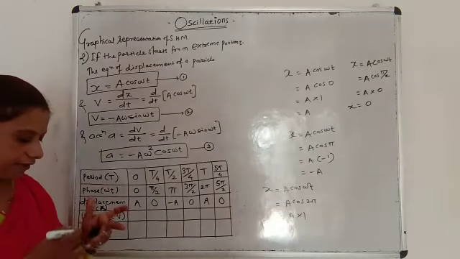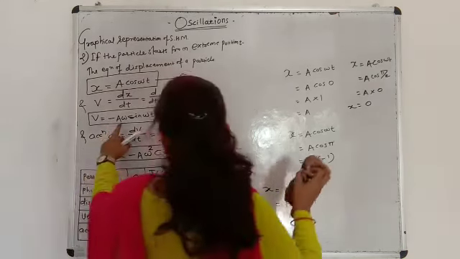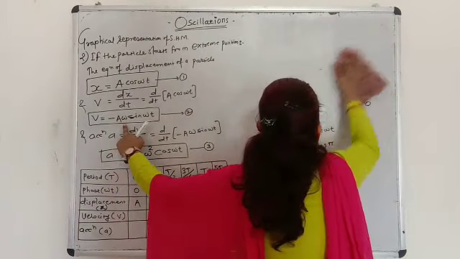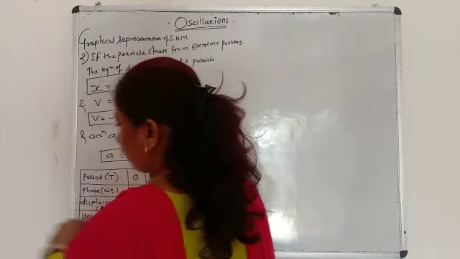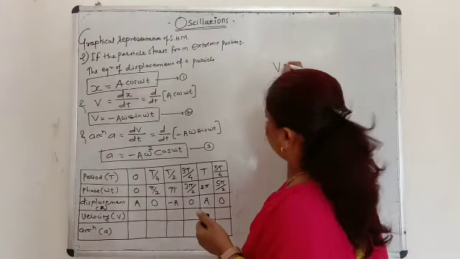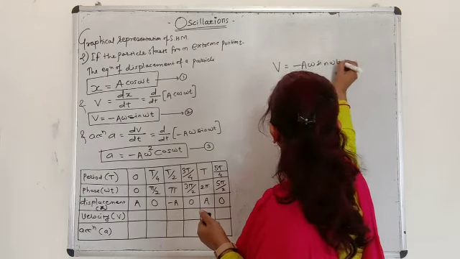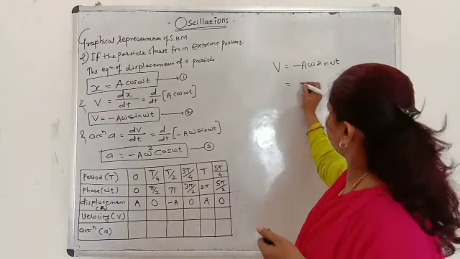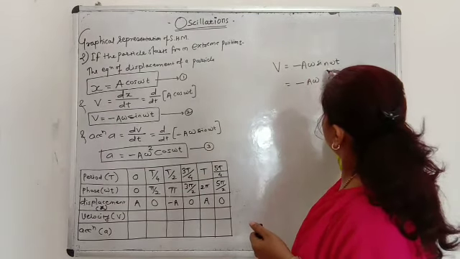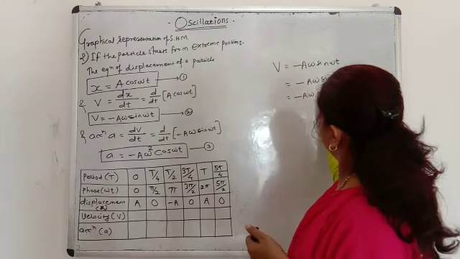Now we calculate the values of velocity here. And velocity is a sinusoidal function, sine function. So here the formula of velocity is v equals to minus a omega sine omega t. So first phase angle is 0 here. So minus a omega sine 0. Sine 0 is 0 here.